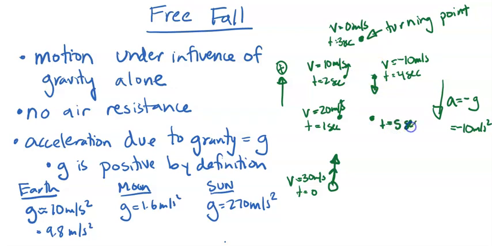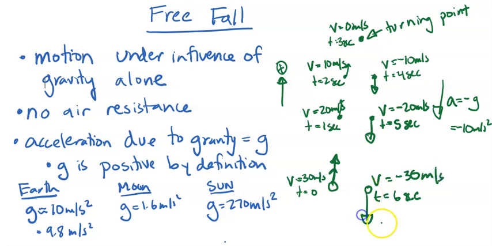At t equals 5 seconds, our velocity is going to be negative 20 meters per second. Now one more second, we'll decrease our velocity 10 meters per second more, and so we'll be at negative 30 meters per second. Perfect. I'll go ahead and outline this as a little beautiful parabola. Cool, physics is so beautiful.